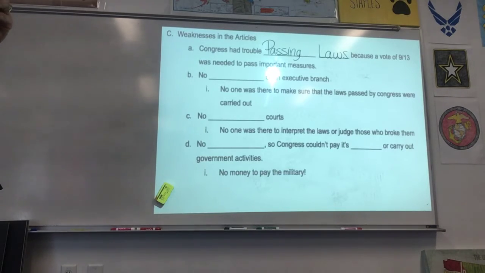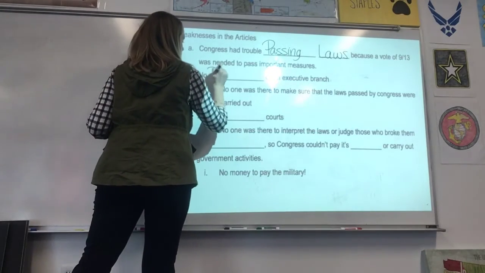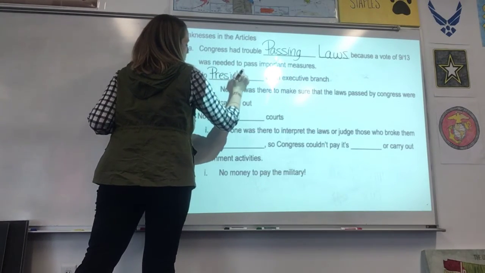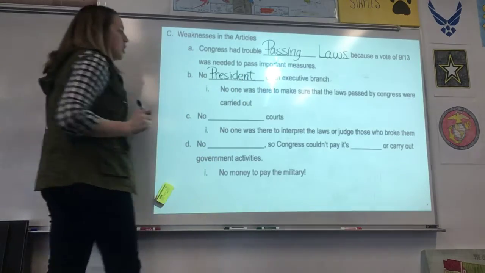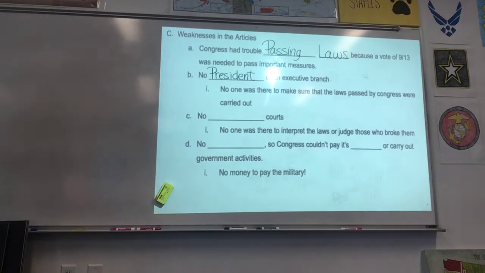So, during this time in our country, there was no president or executive branch. No one was there to make sure that the laws passed by Congress were carried out. So you could write the laws all day, but nobody was there to enforce them. Okay?